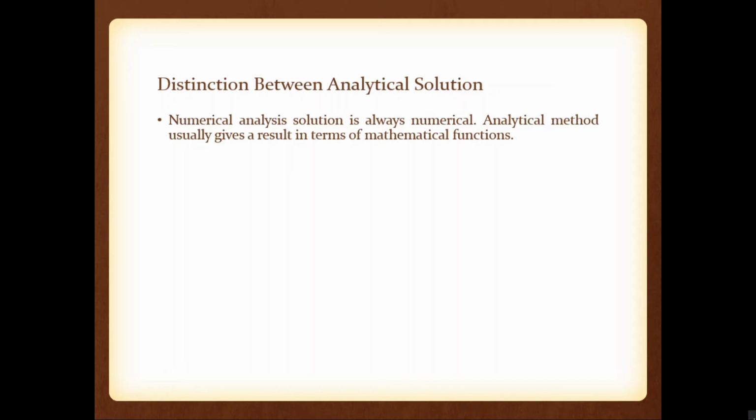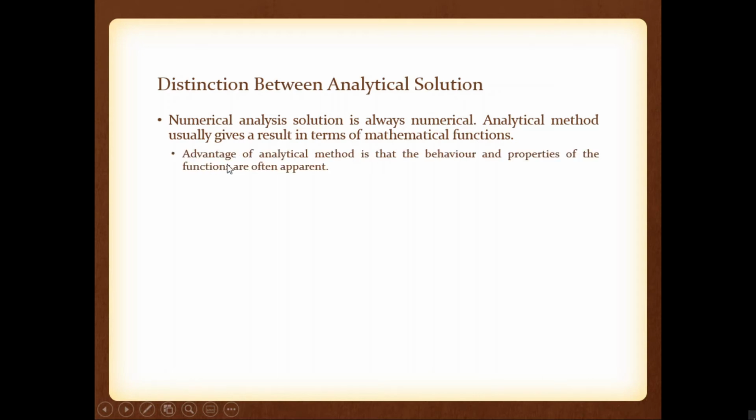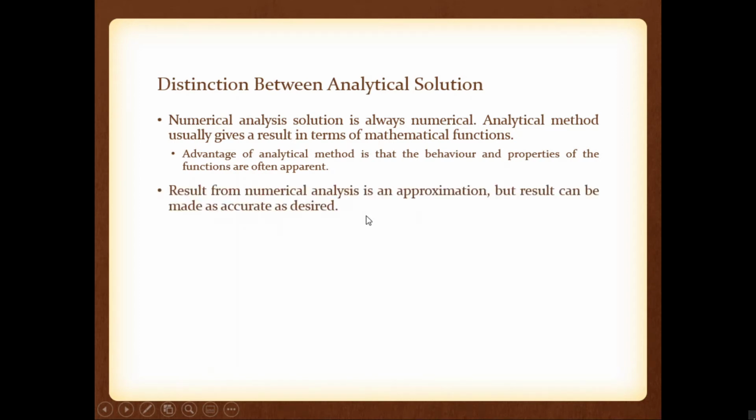But with an analytical solution, the answer is also a function, so it carries some characteristics. The advantage of the analytical method is that the behavior and characteristics are not removed from the system or the process.